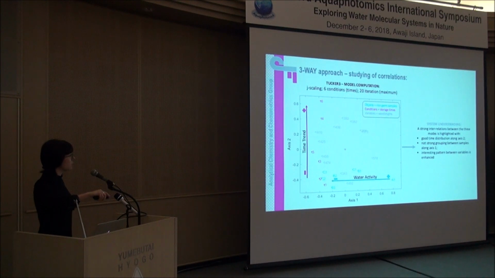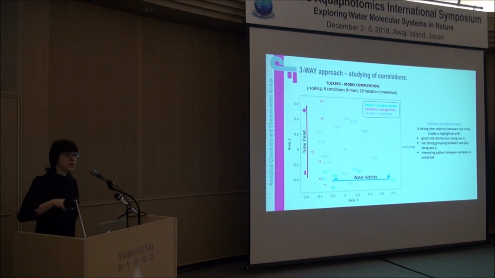So in this way, we were able to orthogonalize the 2 factors that we were looking at. And also we have the pattern of the wavelengths here, so we can check which wavelengths are more related with low level of water activity at lower time trend, high level of water activity at low time trend, and so on, just by looking at the coordinates of this orthogonal space.